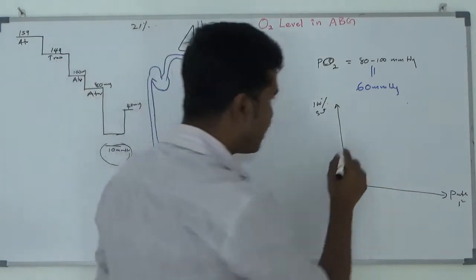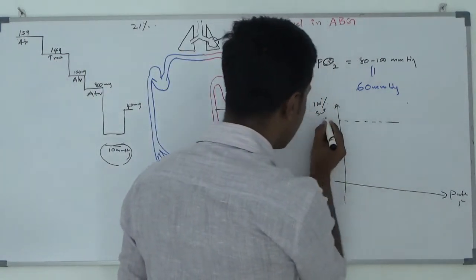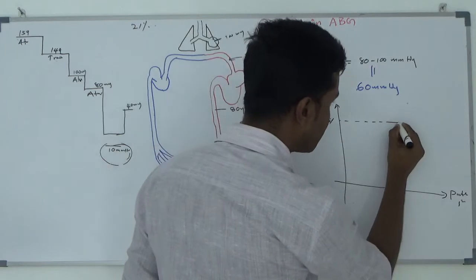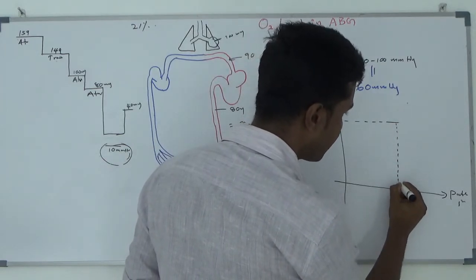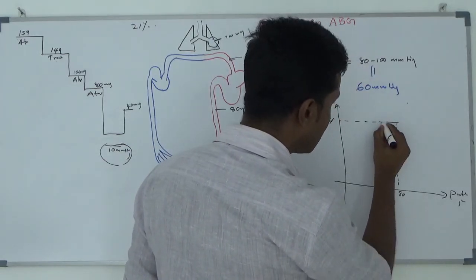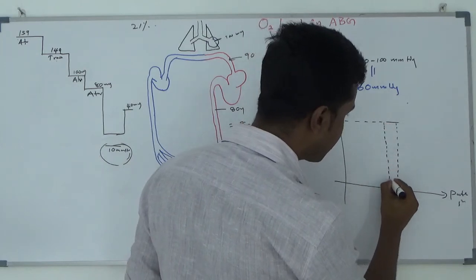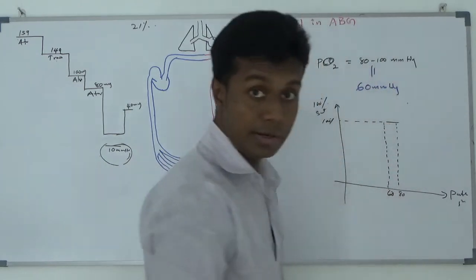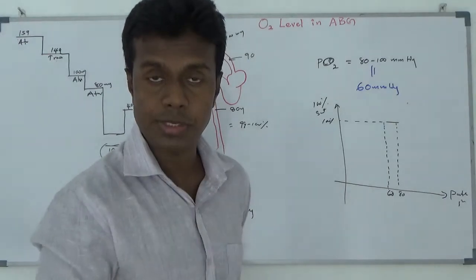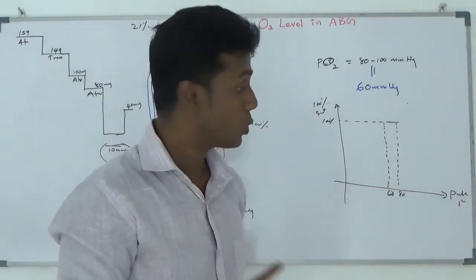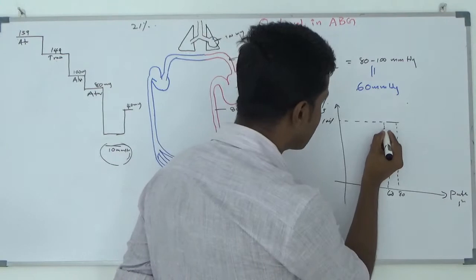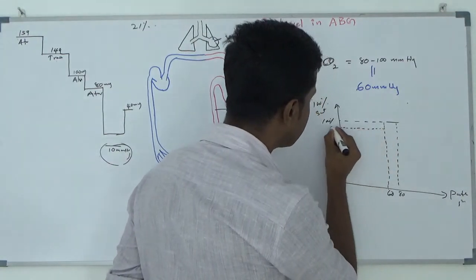Your arterial blood has 100% saturation with partial pressure somewhere around 80. Even when it comes to 60, it is 92% saturated.